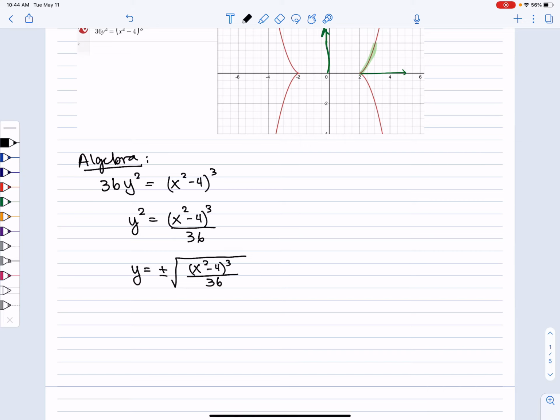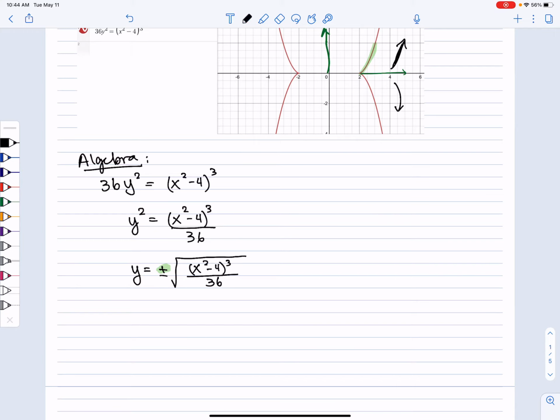This makes sense, and that is y could be positive or negative, and you can see that in the curve. You have positive y values and you have negative y values. But for our example, we're only looking at y values that are greater than or equal to 0.